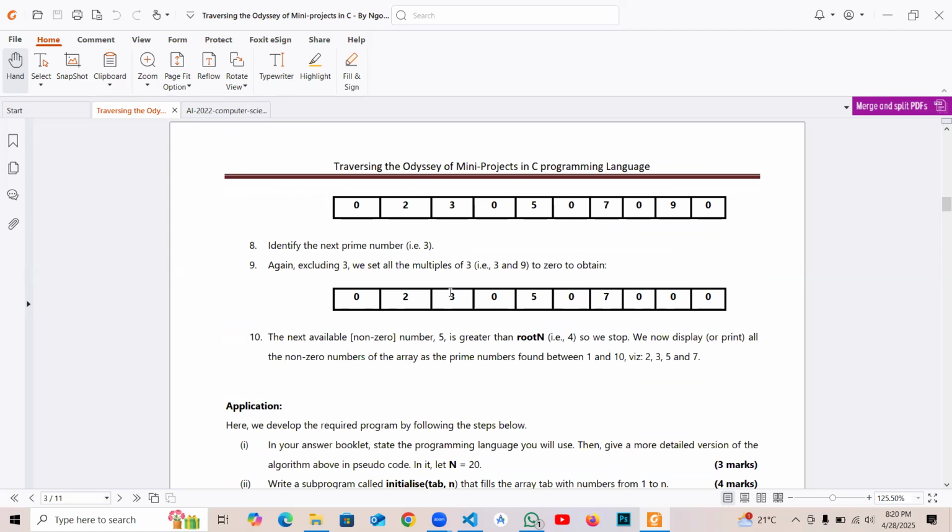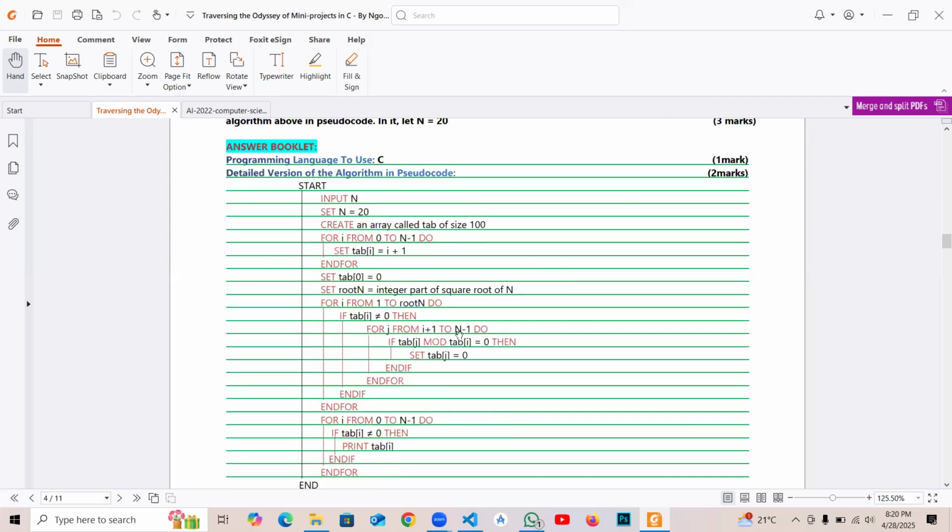If I now take the number at position, this number 3, I make it this number modulus this, which means when I divide this number by 2, if the remainder is 0, therefore it's a multiple of 2. I set the number to 0. That's what this code is talking about here. That if tab of j mod tab of I is equal to 0, which means if I divide this number 3 by 2 and the remainder is 0, it means that it's a multiple of that number. I need to set that number, which is tab of j, to 0.